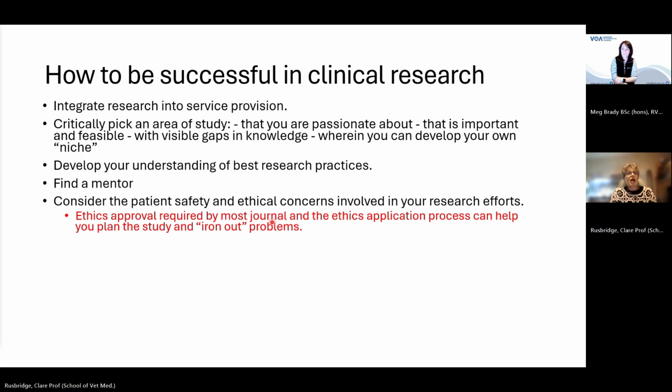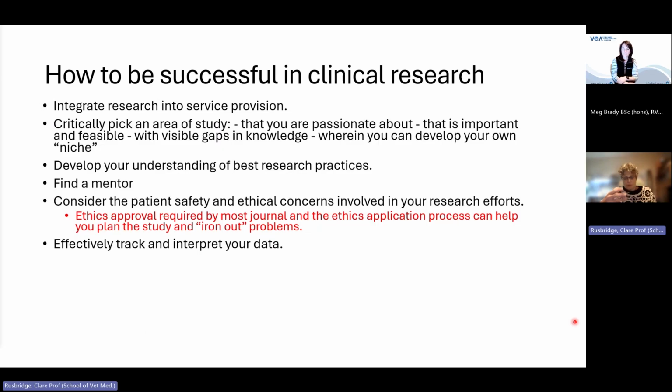If you do need to do an ethics approval, if you want to publish it, so not necessarily for a poster, but if you're thinking about going on and publishing it, if you don't have that ethics approval, you just won't be able to submit it. So don't be scared about the ethics form. Think of it as part of planning your project when you're going forward with that.